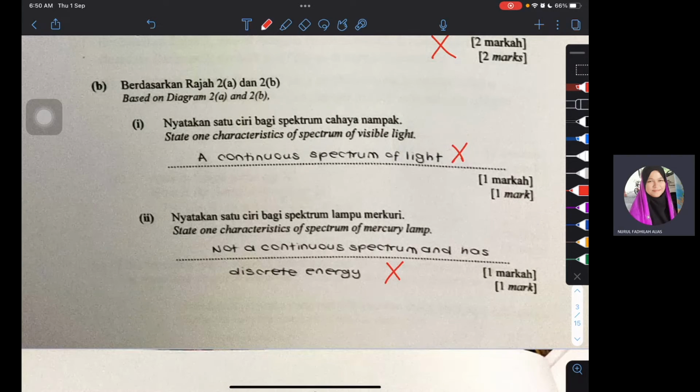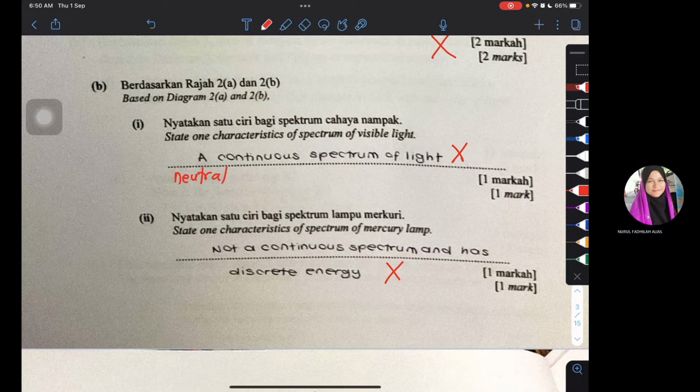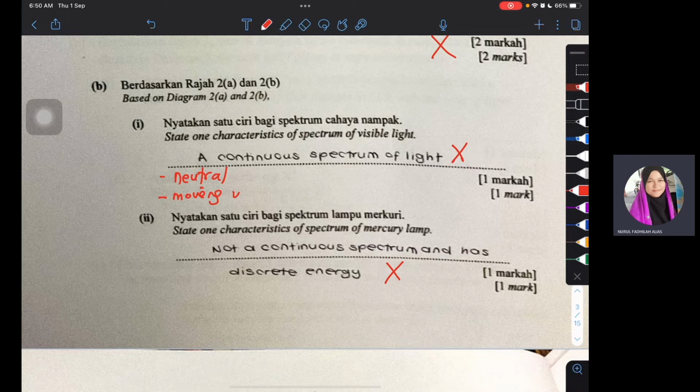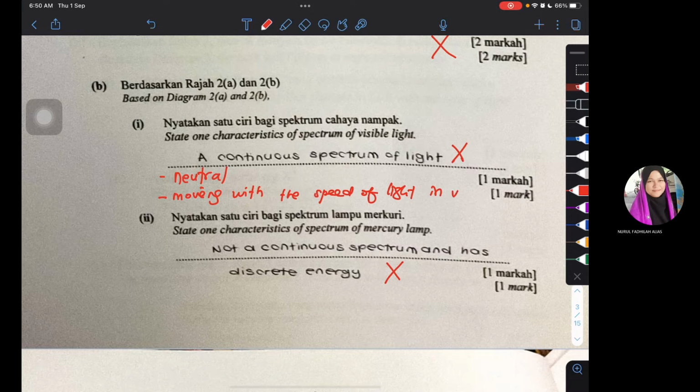One characteristic. So first, neutrally charged. No charge, it's neutral. Or maybe you can say it moves, ataupun they are moving with the speed of light in vacuum.